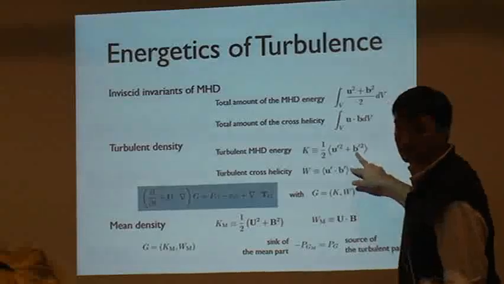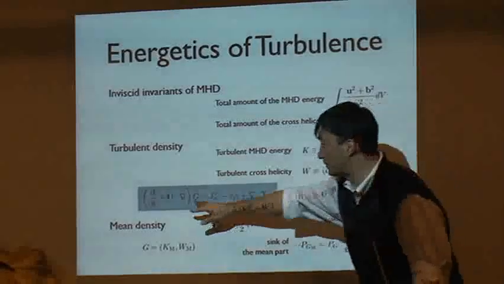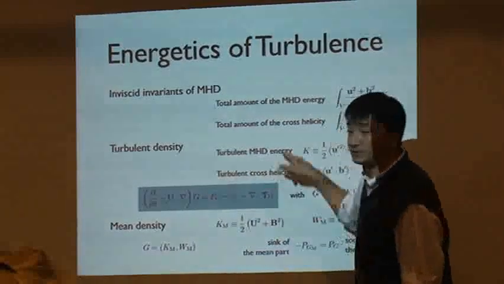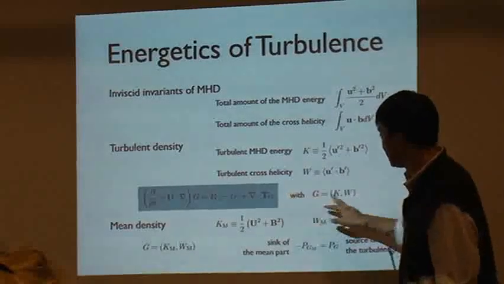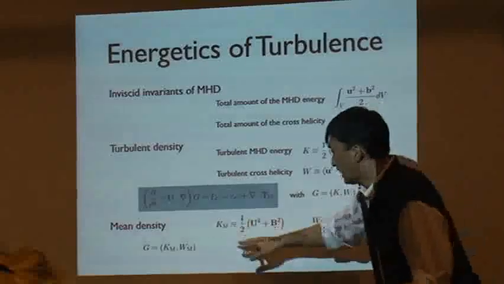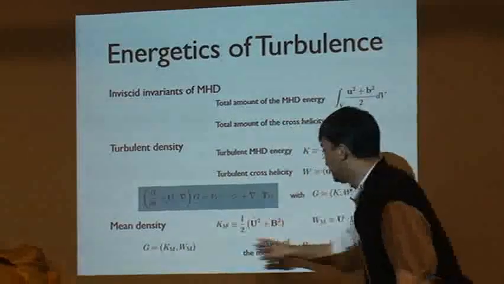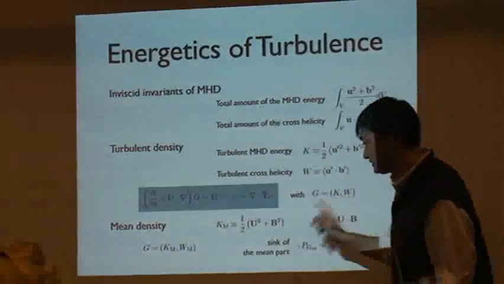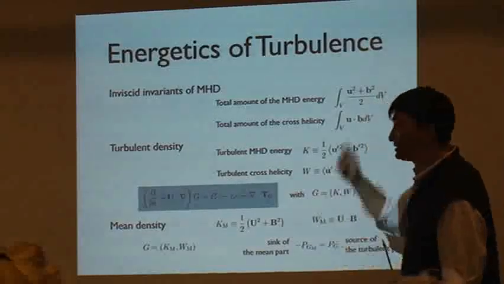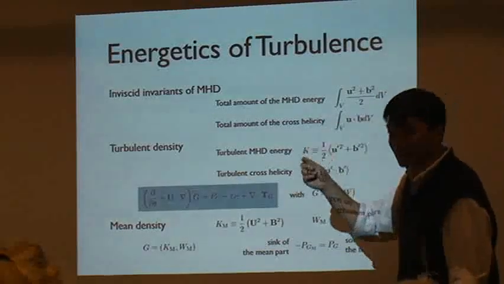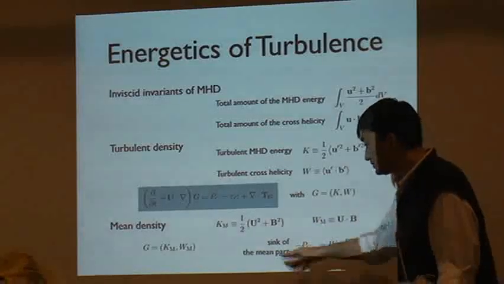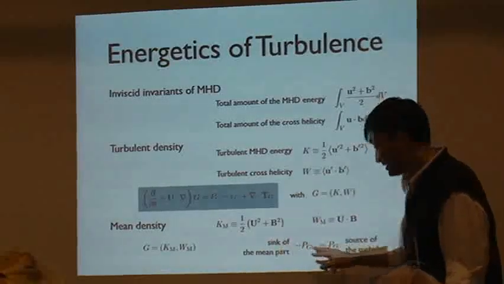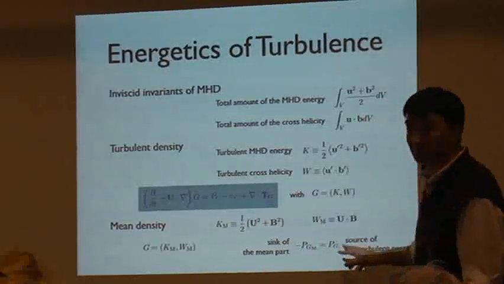Then we construct an equation for these two quantities with K and W. And also we consider mean density, and the point is that, as I showed in the Navier-Stokes hydrodynamic case, the sink of the mean part is equivalent to the source of the turbulent part.